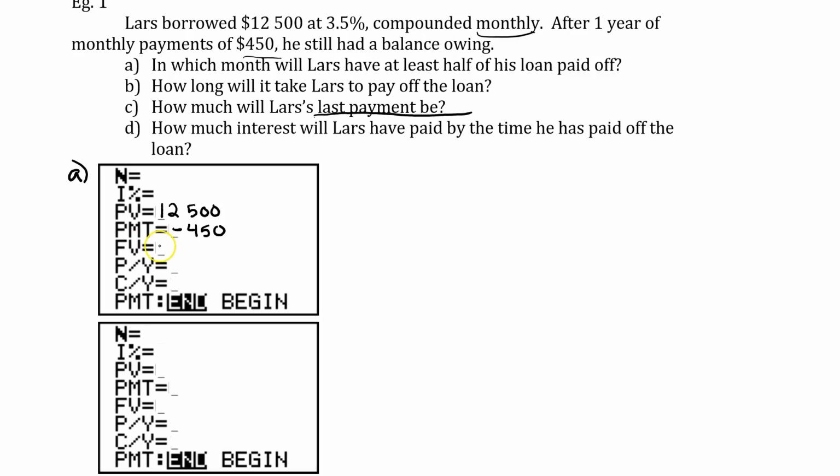And the future value is going to be half. Okay, when will he have paid for half of it? So it's going to be 6,250. However, we have to have this as a negative because it is money that has gone away from us. We're borrowing this money. So initially it comes to us, but eventually we have to pay it back. So that's why we use the negative.